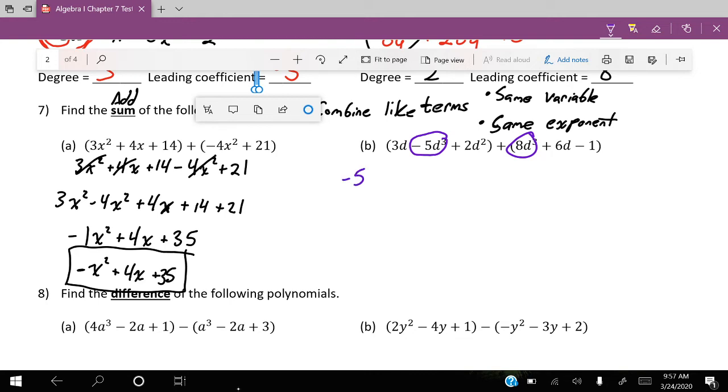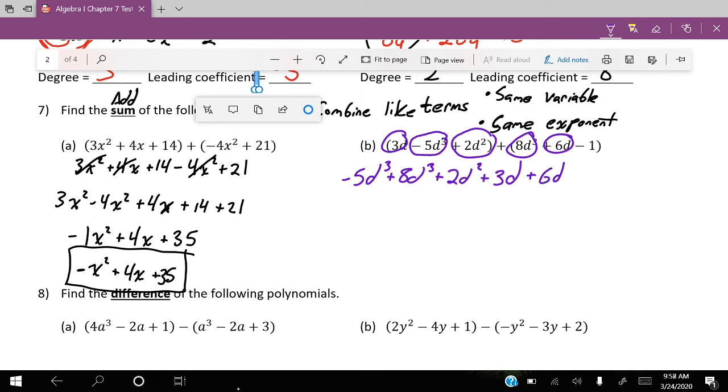So I'm going to write negative 5d to the third plus 8d to the third. I'm going to move on to my next largest exponent, which happens just to be plus 2d squared. My next largest exponent would be plus 3d plus 6d, and that's 6d, not the number 60.